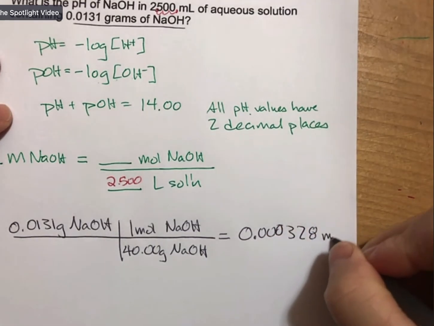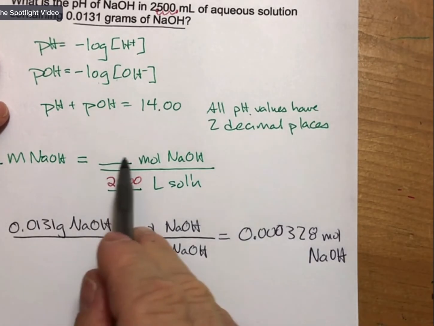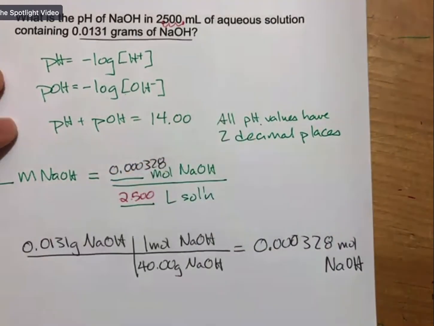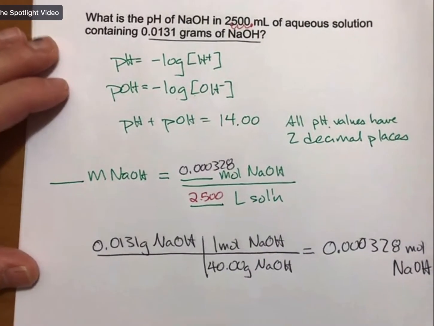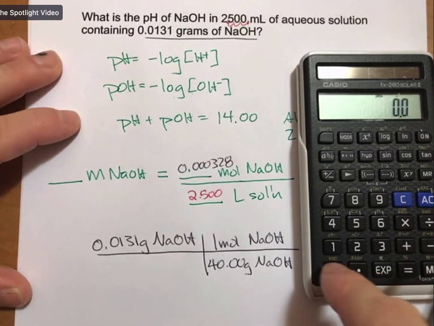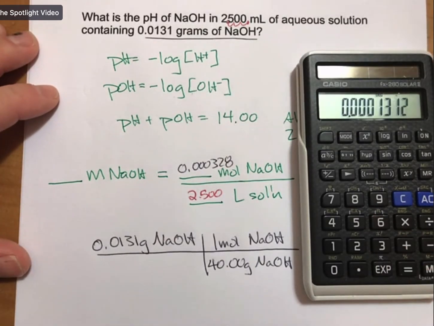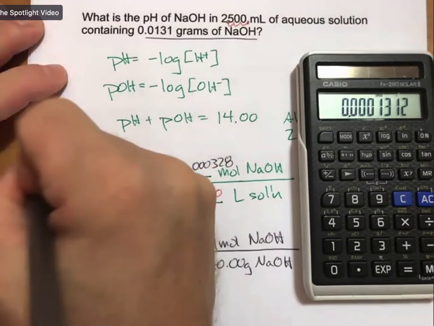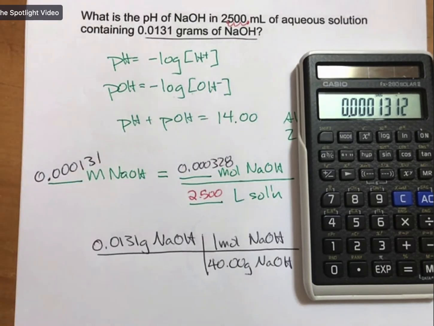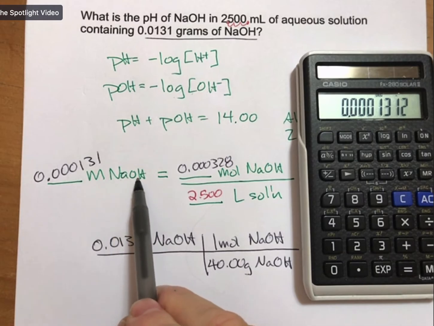And that's going to be moles of sodium hydroxide. I don't really have enough space up here, but I'm going to do my best. 0.000328, and I can calculate that divided by 0.025, 0.0131. Now, this is my concentration of sodium hydroxide.